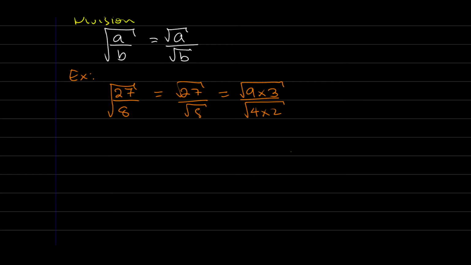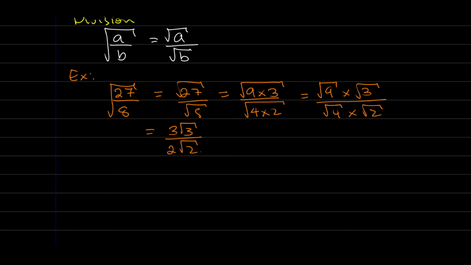Now, it's my habit to put the perfect squares closer to the front, so that when I square root that answer, I'm able to simplify it easier, and you can see exactly where something goes. So root of 9 times the root of 3 divided by the root of 4 times the root of 2. And this becomes 3 root of 3 divided by 2 root of 2.